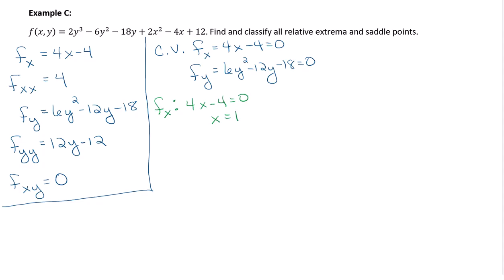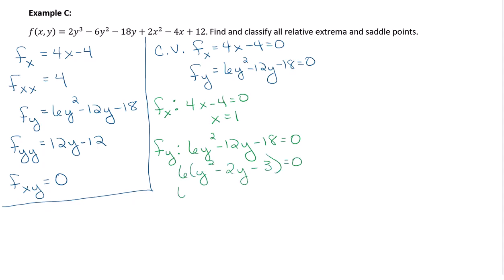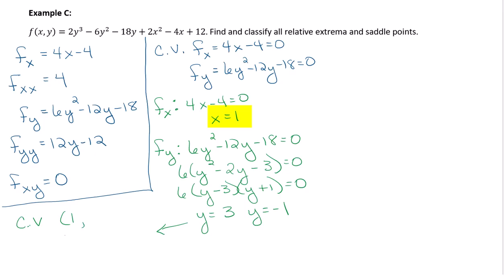Now we have to do the same for the first derivative with respect to y, set it equal to 0, and factor. We can factor out a GCF of 6, and then factor our trinomial into two binomials, y minus 3 times y plus 1, which will give us a y of 3 and a y of negative 1. So this gives us two critical values where we know our x value is 1 and the y values must be 3 and negative 1.